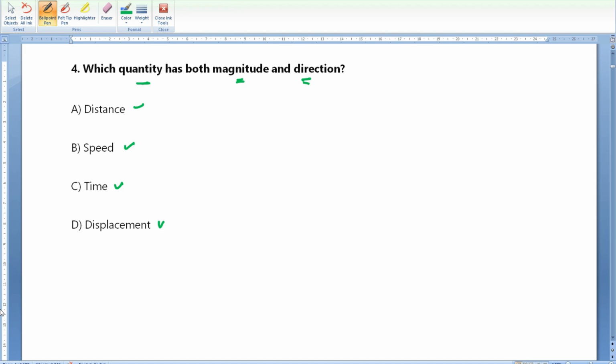Speed also has only magnitude, time also only magnitude, and displacement has both magnitude and direction. So the correct answer is displacement.